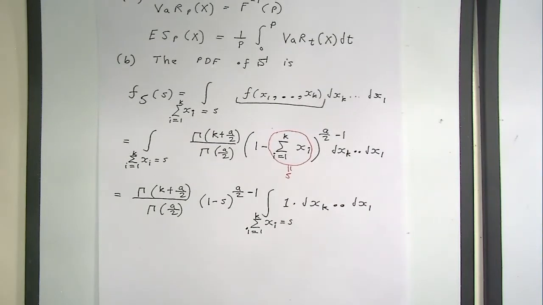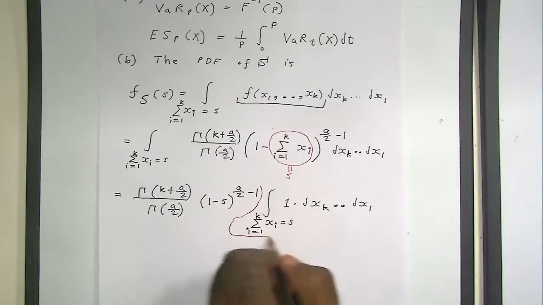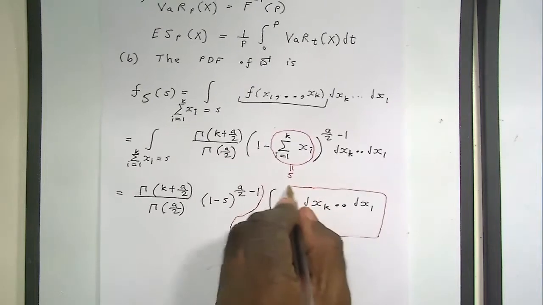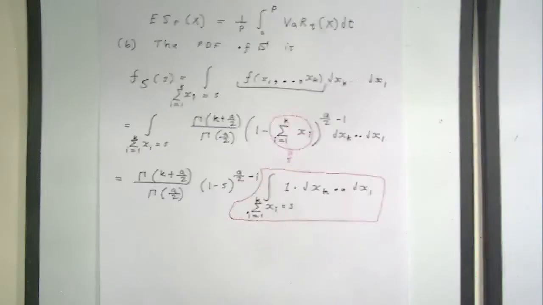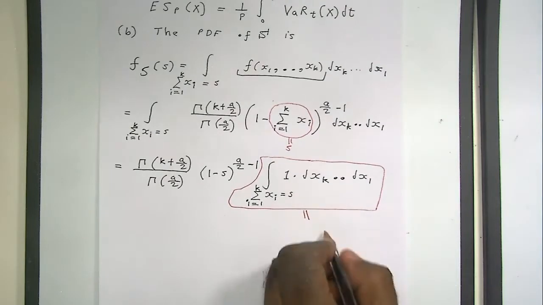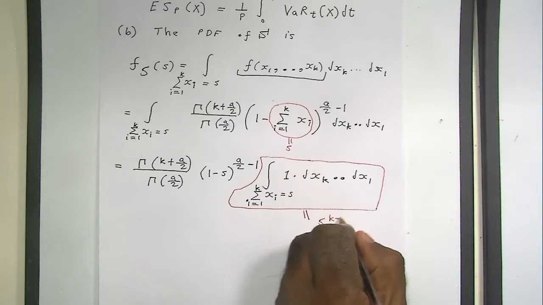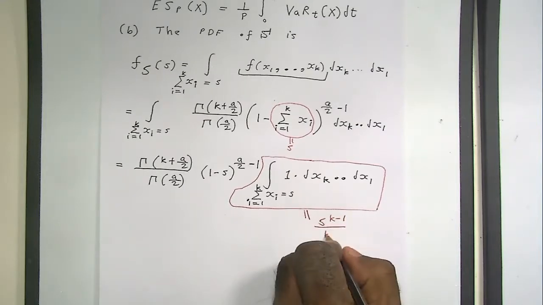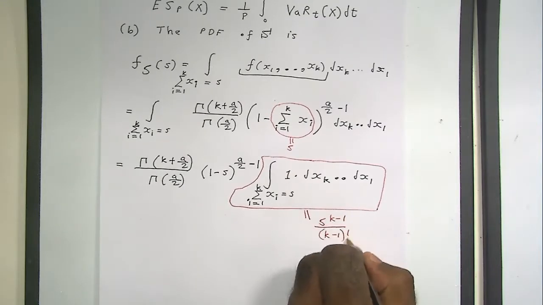But if you look at the hint for this question, according to the hint, this must be equal to s to the power k minus 1 divided by k minus 1 factorial.